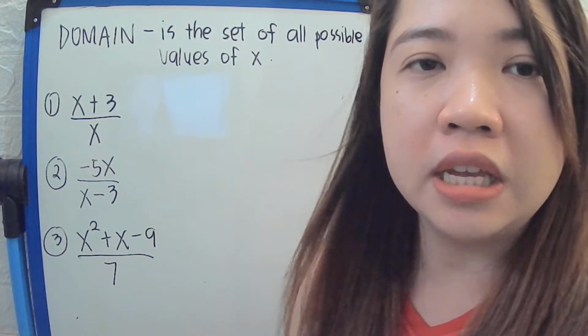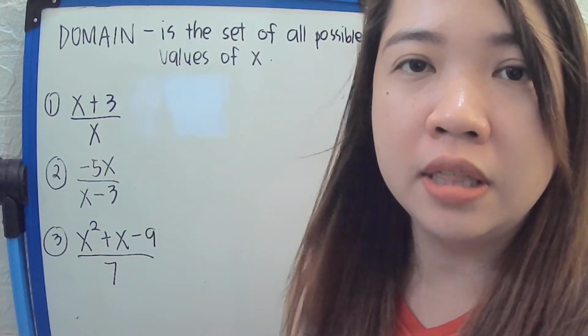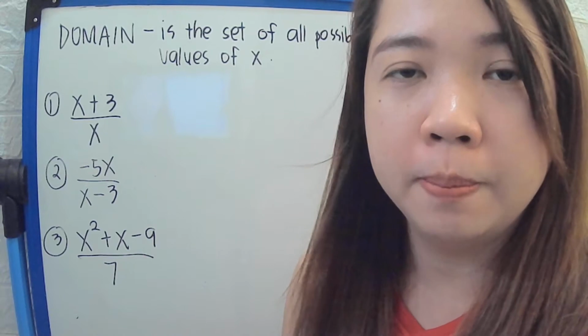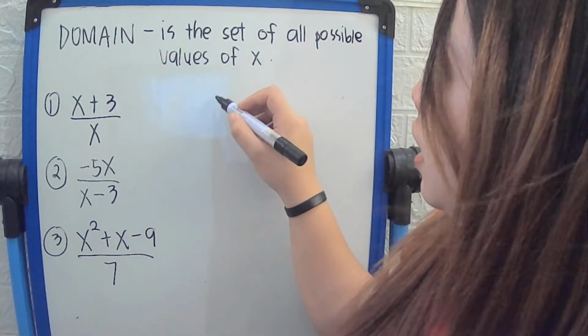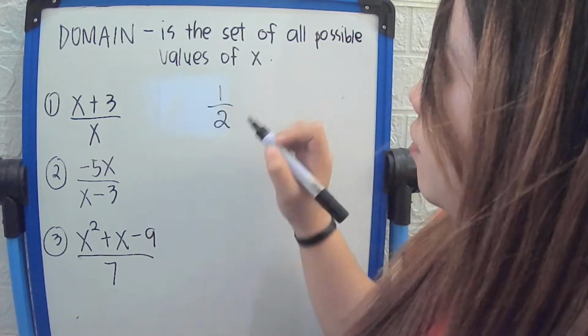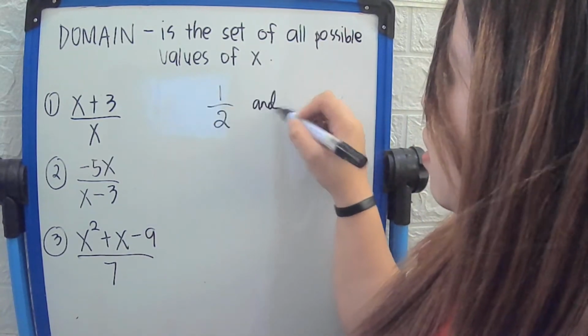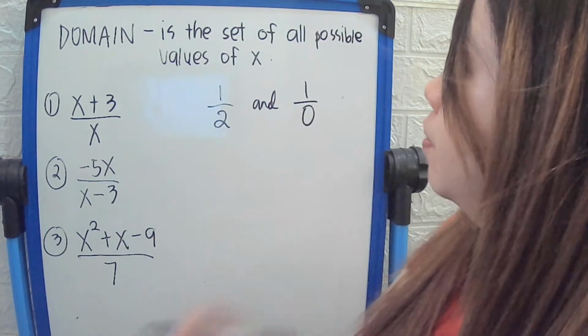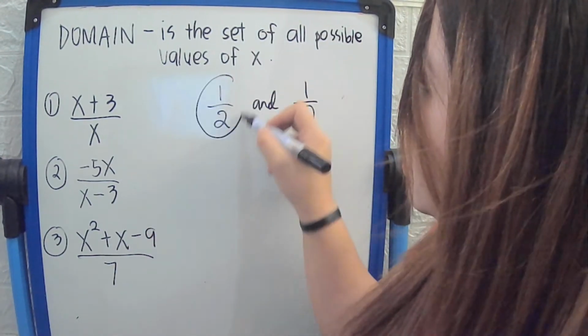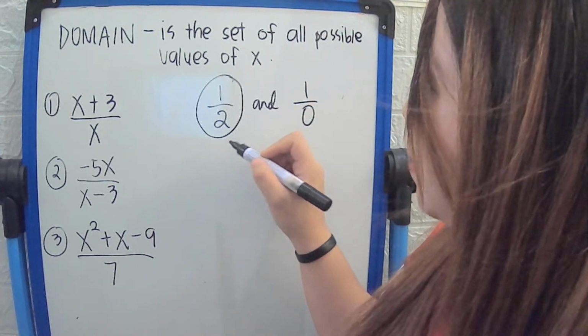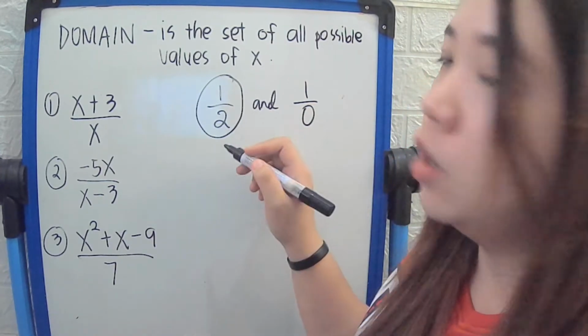Since these are rational expressions, they are in fraction form. And in fractions, let's say 1/2 and 1/0. The first is accepted, it has a value.